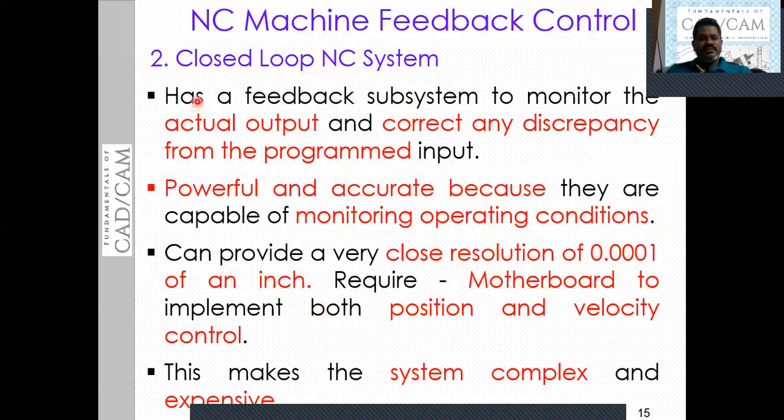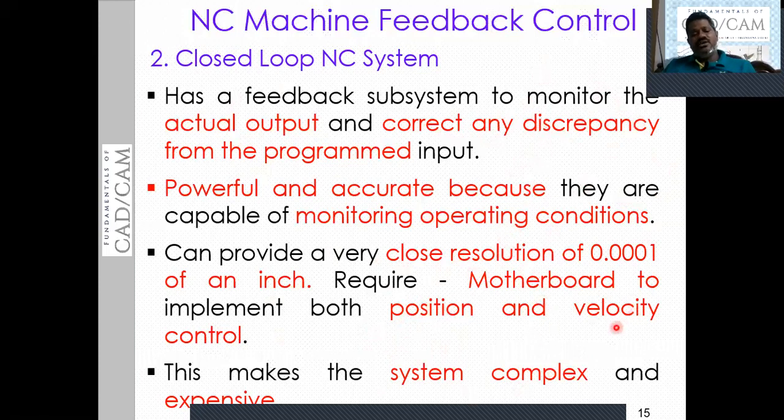This system requires the motherboard to implement both positioning and velocity control. Once you implement this closed loop NC system, it can be used to control position as well as velocity. Positioning means we are talking about the position of the tool and the position of the table, the work table.